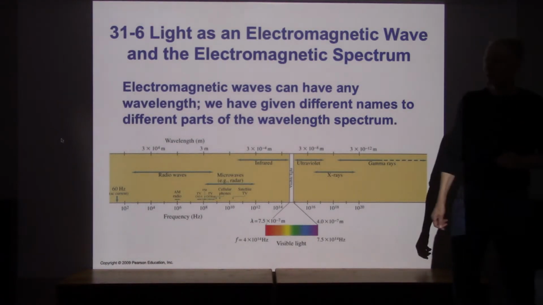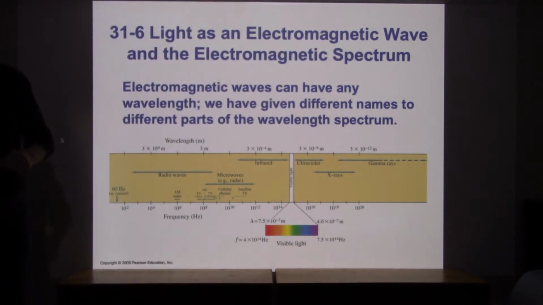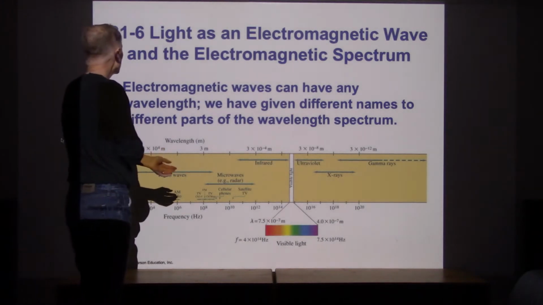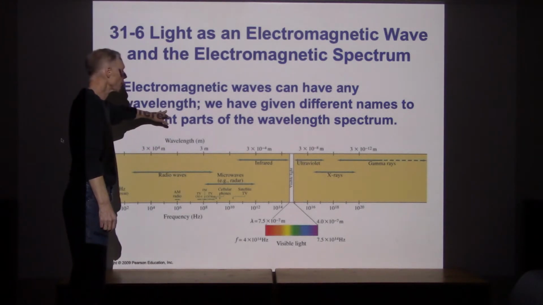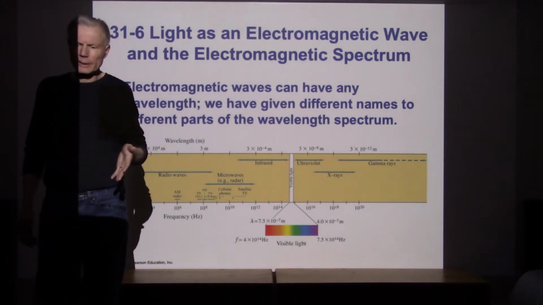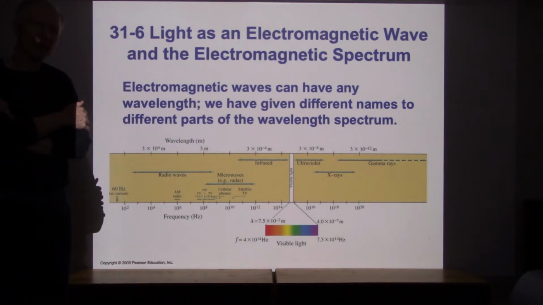The slide that we have here is looking at the electromagnetic spectrum. What we find is that electromagnetic fields can have different wavelengths, they can have different frequencies, but more importantly, I feel, they have different energy.